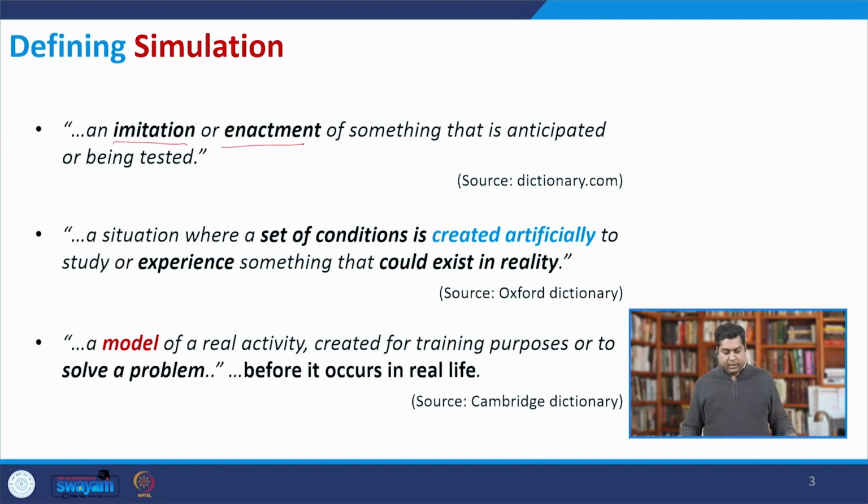If we look at the Oxford Dictionary definition, simulation is a situation where a set of conditions is created artificially to study or experience something that could exist in reality. So that is almost like creating the real environment but in an artificial way.